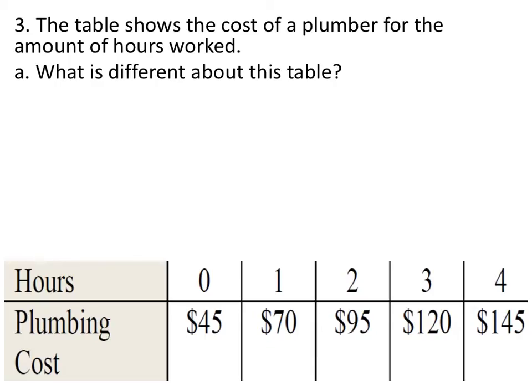Alright, this table shows the cost of a plumber for the amount of hours worked. What is different about this table? And also do B and C as well.